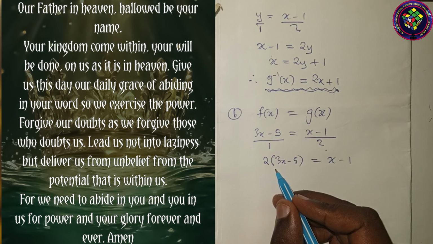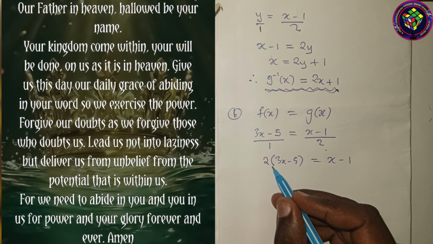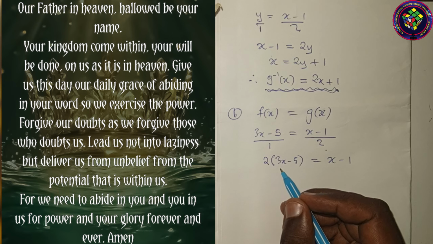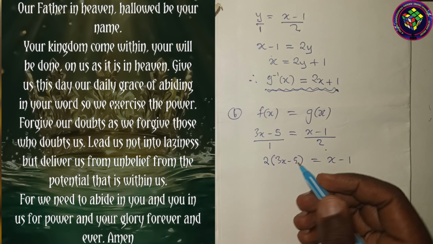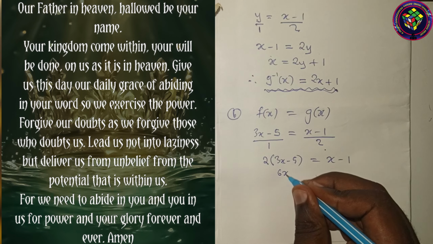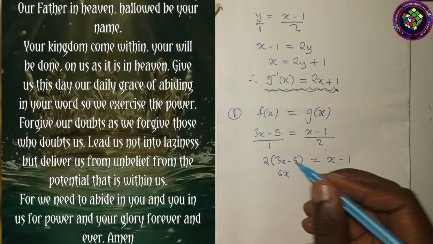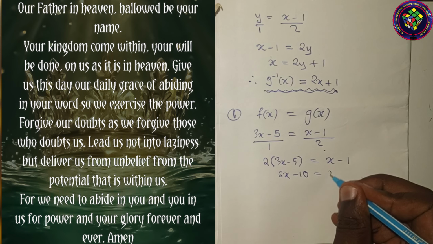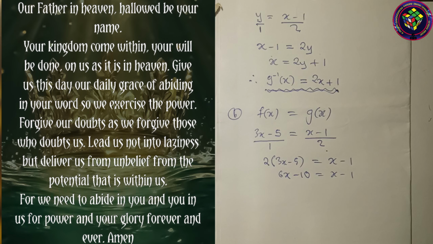Okay, so here it's just a matter of expanding. These 2 will multiply through 3x minus 5. So we say, what is 2 multiplied by 3x? 6x. And 2 multiplied by minus 5, you get minus 10, equal to x minus 1.